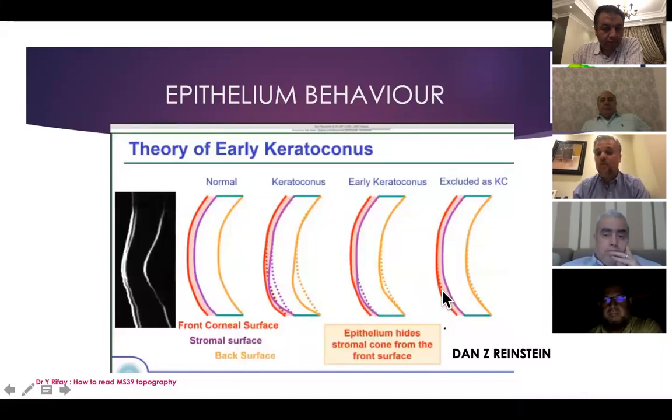And now in this case we have steepening, but the epithelium is thick, so it can exclude a keratoconus. So we have this early keratoconus hidden by the epithelium, and here a normal cornea, but hyperplasia of the epithelium due to rubbing or other problems that will give this steepening.